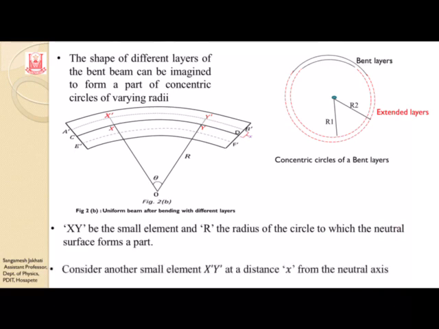Consider another small element x dash y dash. At a distance x from the neutral axis, I am considering one more layer, the a dash b dash layer, on which I am considering a small elemental layer x dash y dash.